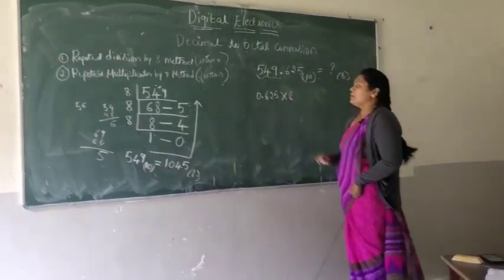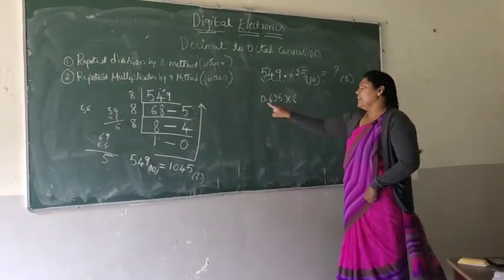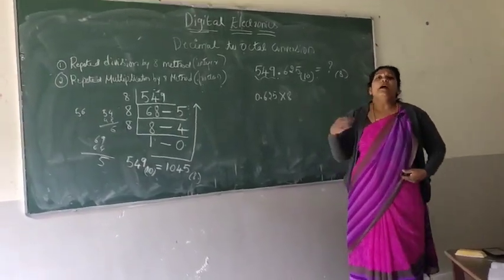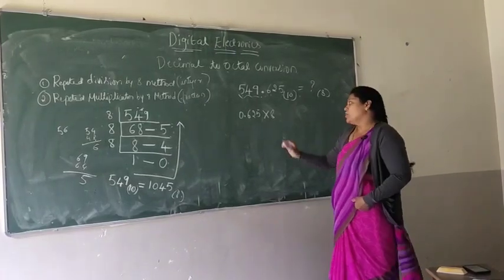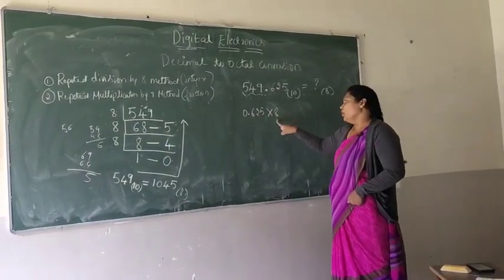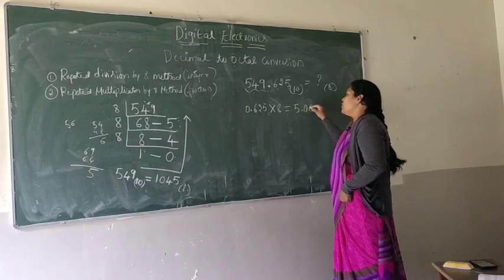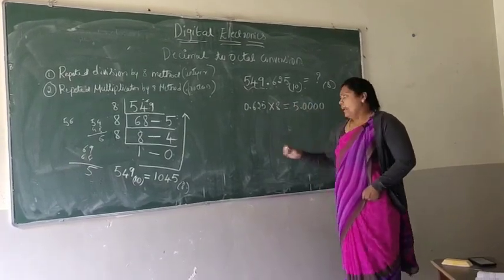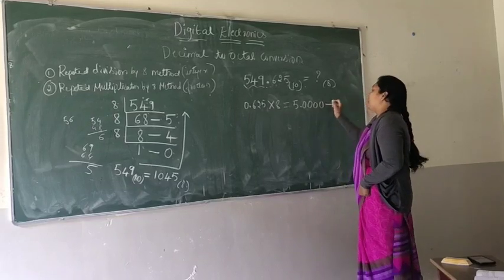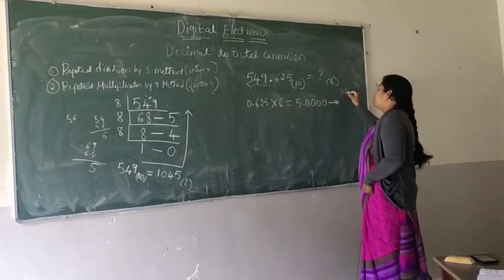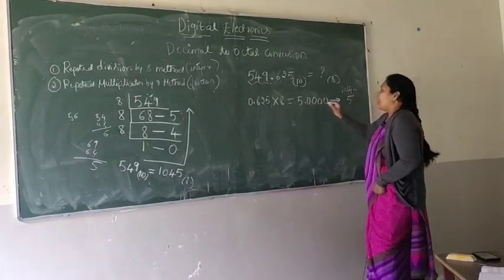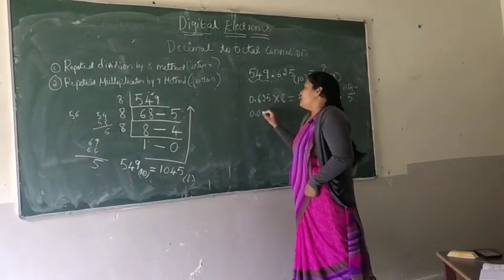Next you come to the fraction part. In the fraction part, repeated multiplication must be done. So here 0.625 into 8. If you multiply you will get 5.000. Write the integer part here, which is 5. Fraction part you take 0.000.